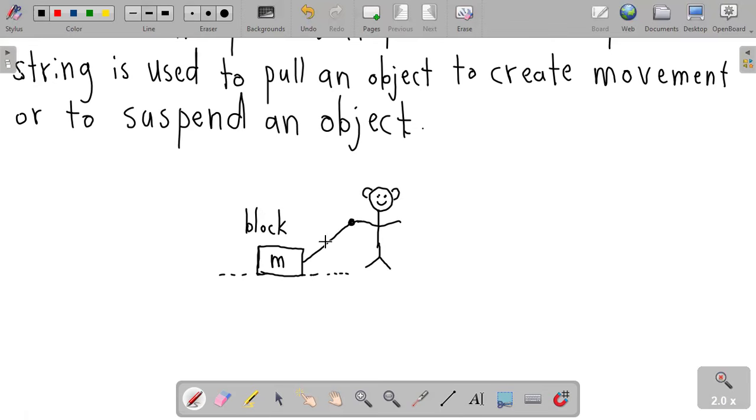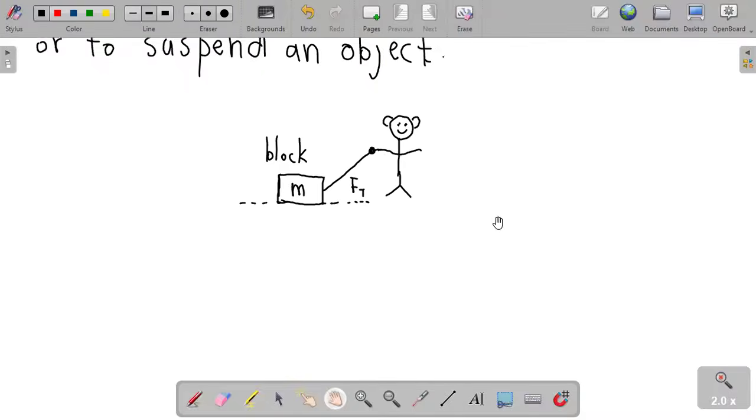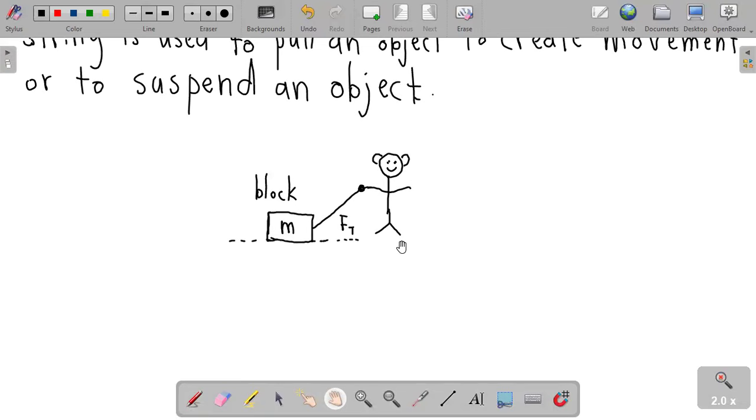So the tension will form, Ft. The tension force will form inside the rope here. So there's an image here that illustrates the tension force.